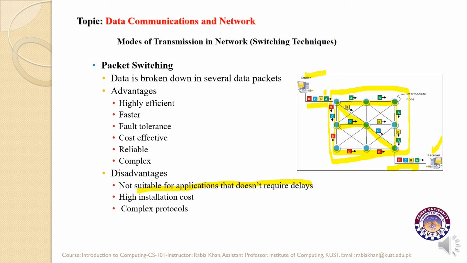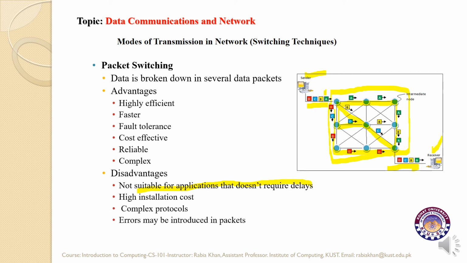So a quite complicated set of rules needs to be written, identifying which node is working, which node is not working, which node has the capability to forward the data, which path is working.